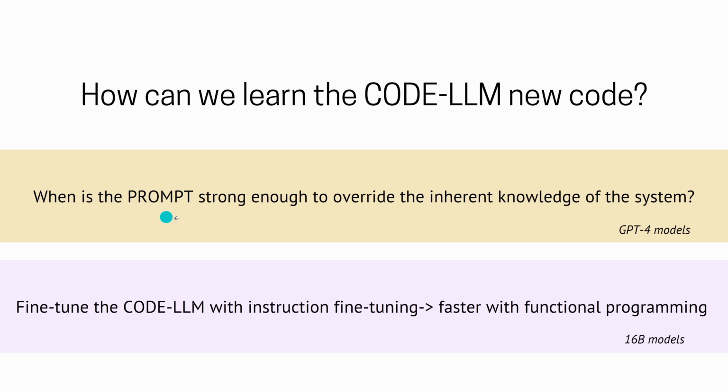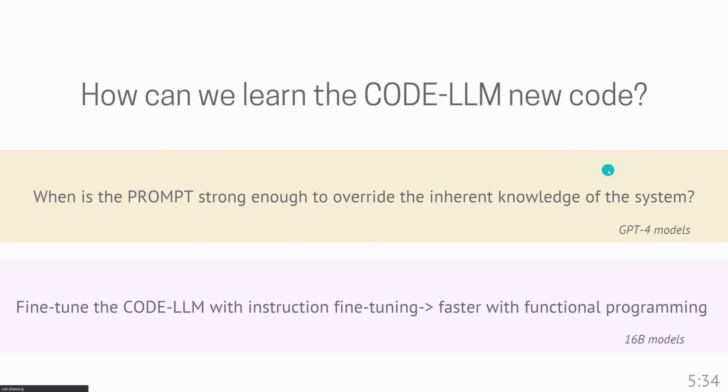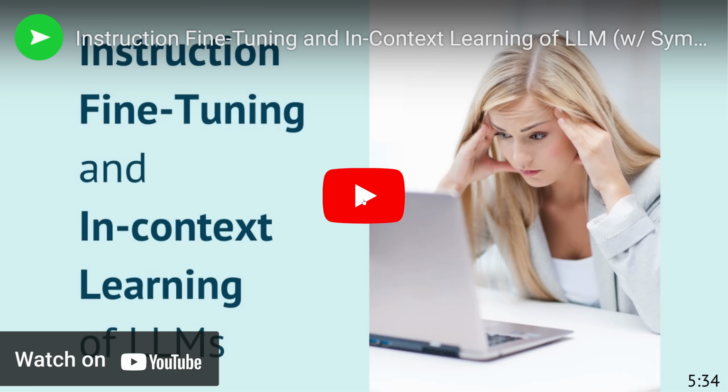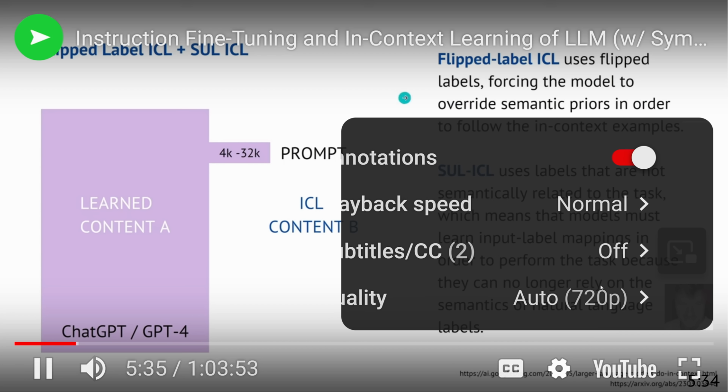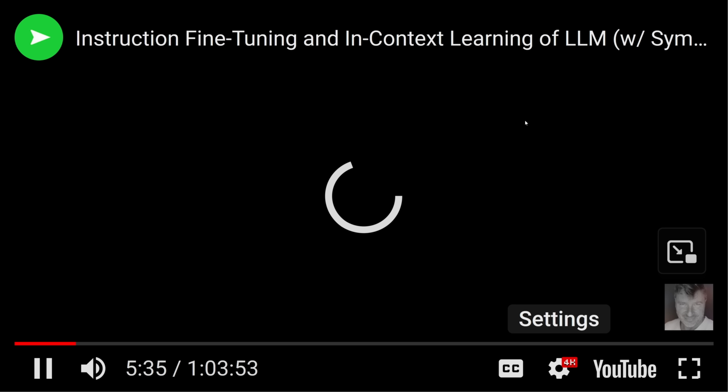So if I now have a code update, I have to override the inherent system memory of GPT-4. When will it happen? And we have an answer for this. In one of my last videos, yes, exactly this, I showed you when it happens.